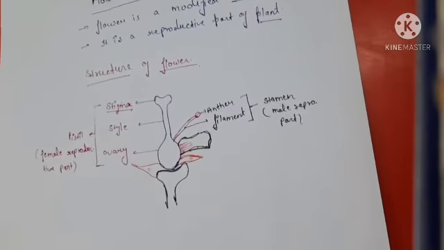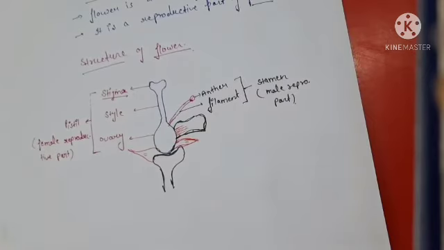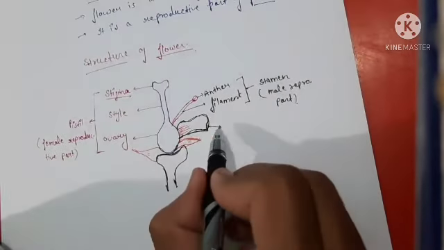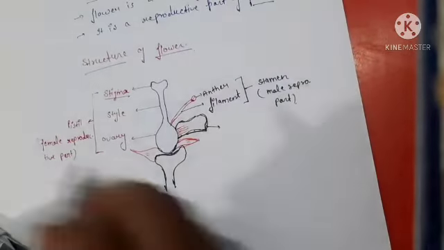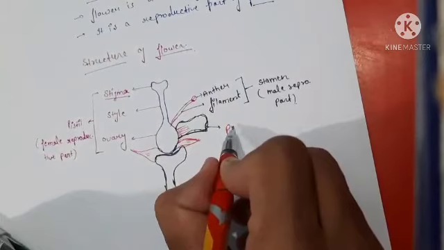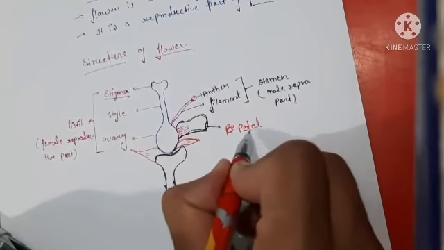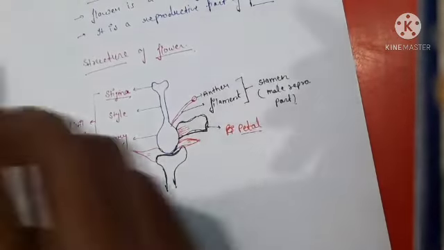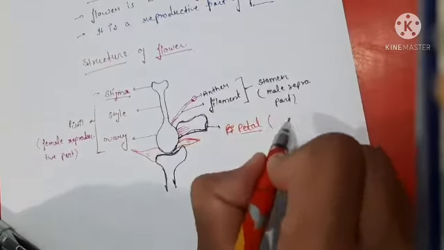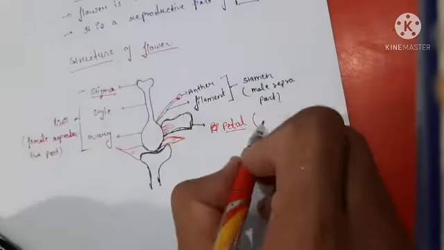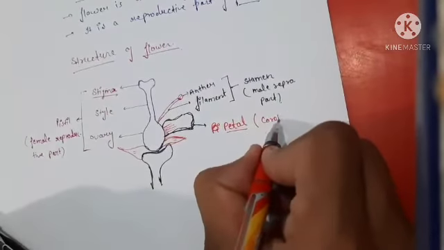Okay friends, now this one is called petal, and the group of petals is called corolla.